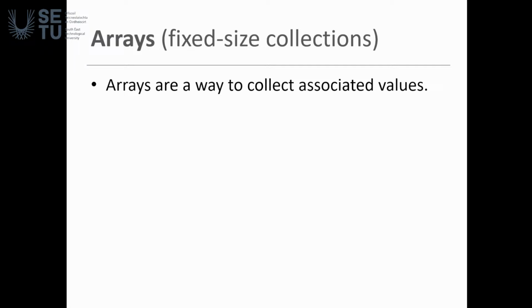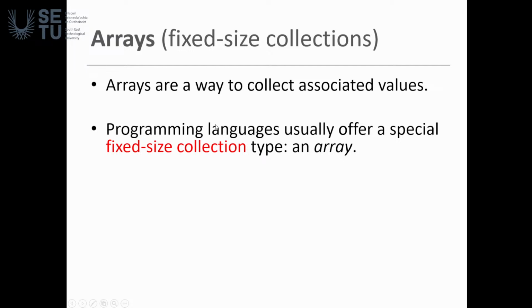It's a bit like when a row of houses is built, there's a number of houses built at the one time, and that's our terrace. So they're a fixed size. Programming languages usually offer a special fixed size collection. In Java, it's an array.